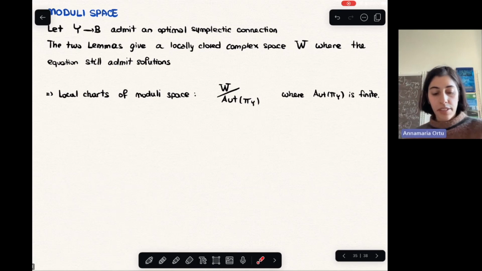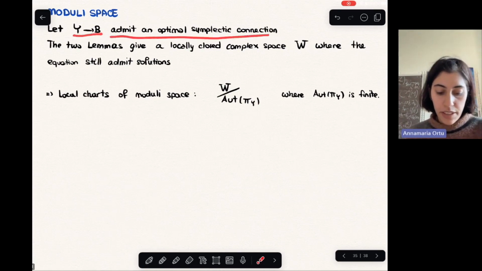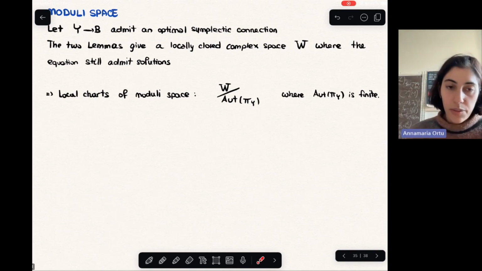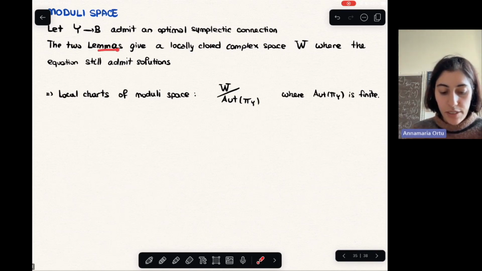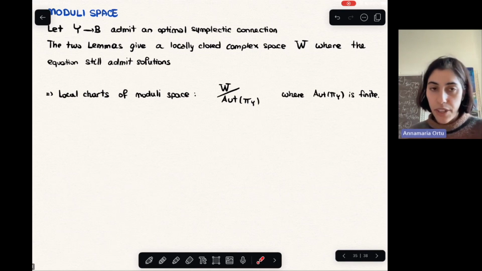And so putting it all together, let's consider y over b that admits an optimal symplectic connection, and then the two lemmas that I explained to you give a locally closed complex space. So before maybe I said subvariety, but it's actually more a complex space where the equation still admits solutions.